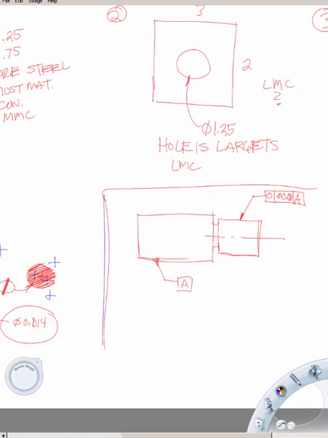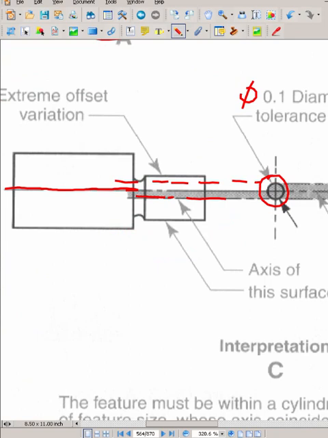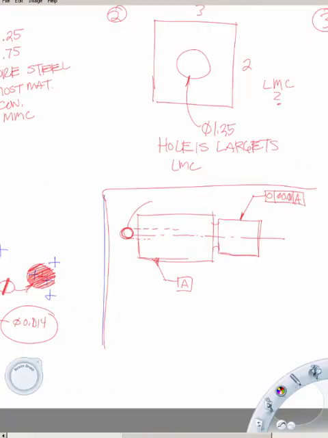I first find the center of the big cylinder and I draw a diameter of 0.01. That is right, isn't it? Let me make sure I'm right on that one. No, it's 0.1, sorry. 0.1.